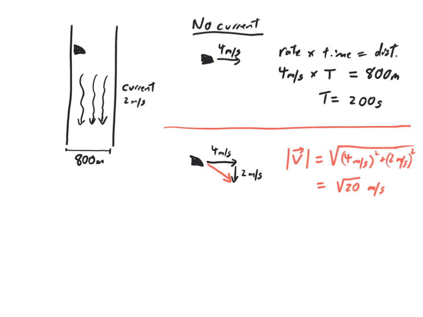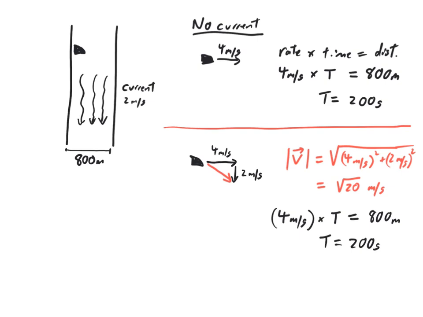So, if we want to figure out how long it takes us to cross, we can again use rate times time equals distance. In this case, we're going to say the rate at which we're going horizontally across is 4 meters per second times the time, we want that to equal the distance across, which is 800 meters. So again, we find that the time that it takes for us to go across is 200 seconds.